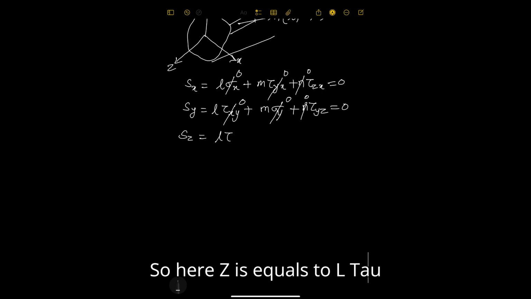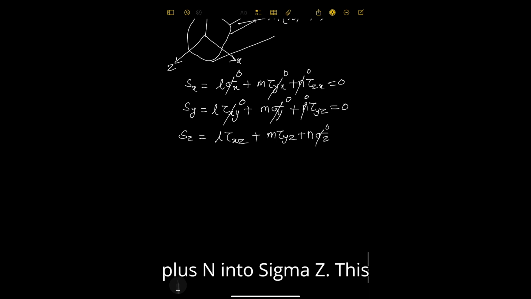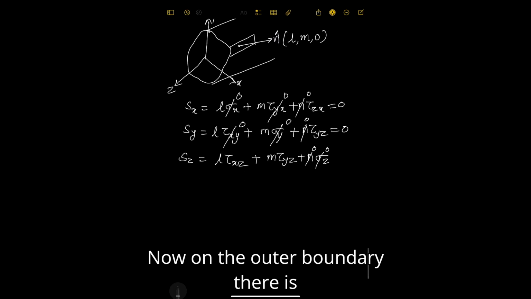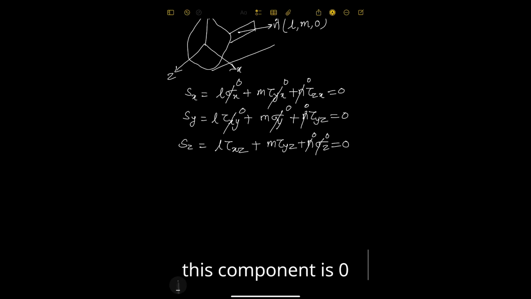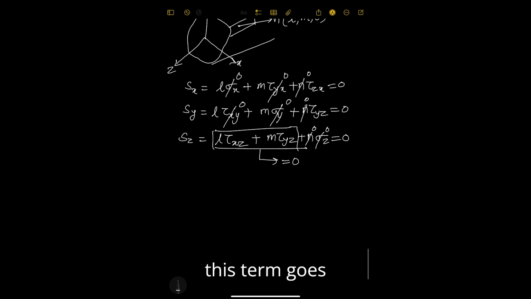So Sz is equal to l tau xz plus m tau yz plus n into sigma z. Now on the outer boundary there is no traction acting, so this component is 0, and the n term goes to 0.